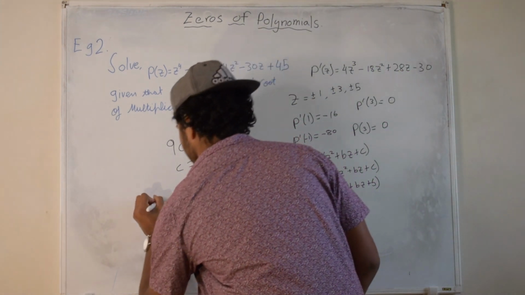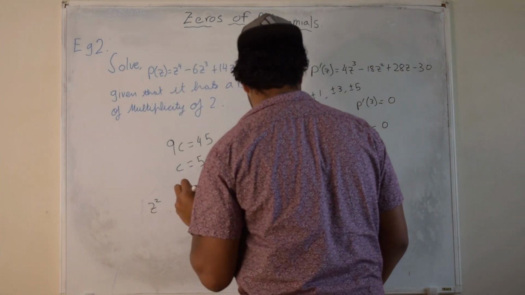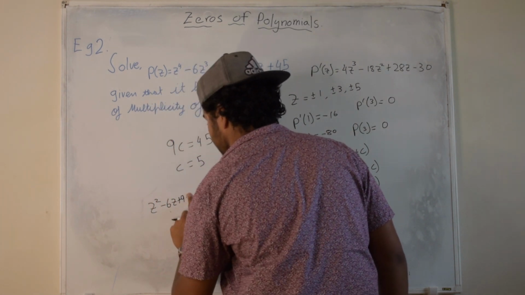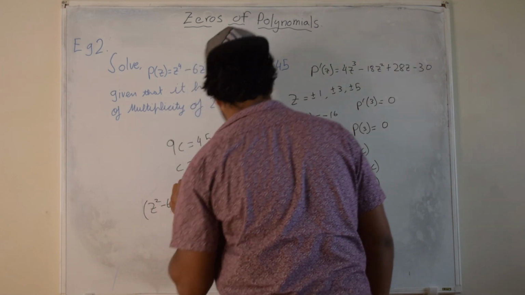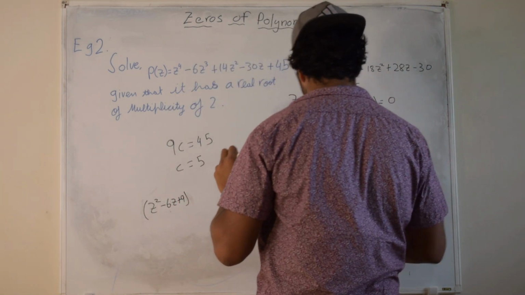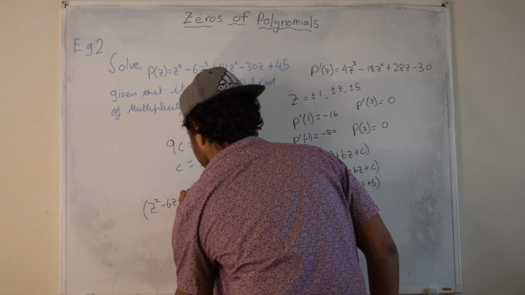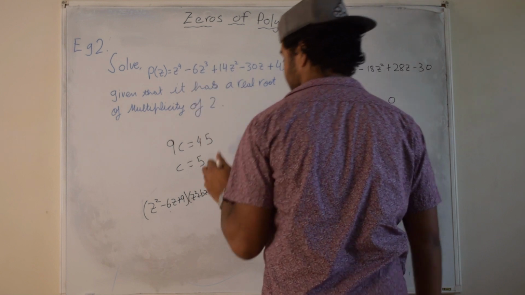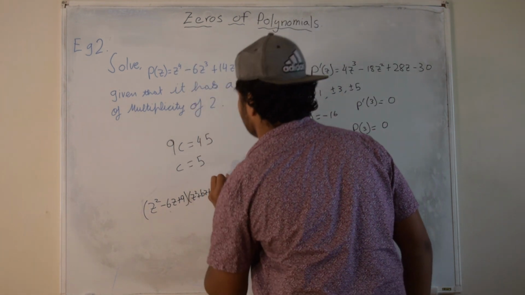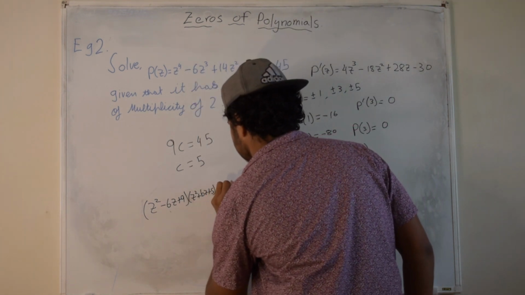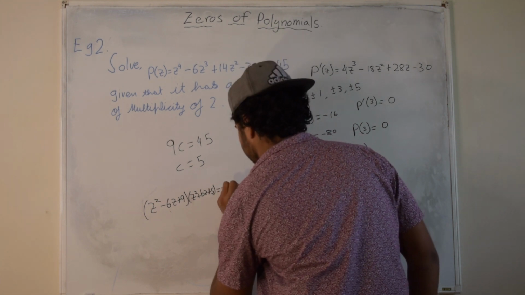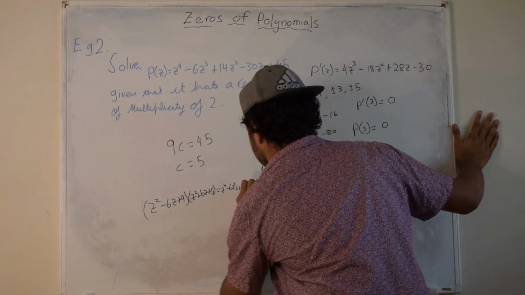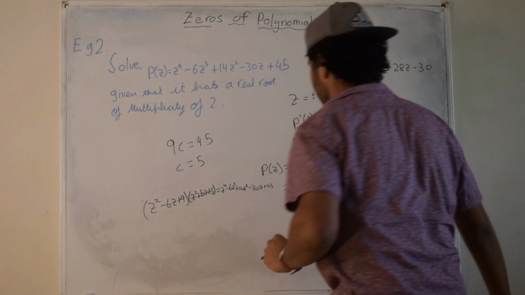We've got z squared minus 6z plus 9, times z squared plus bz plus 5, equals z to the power of 4 minus 6z cubed plus 14z squared minus 30z plus 45.